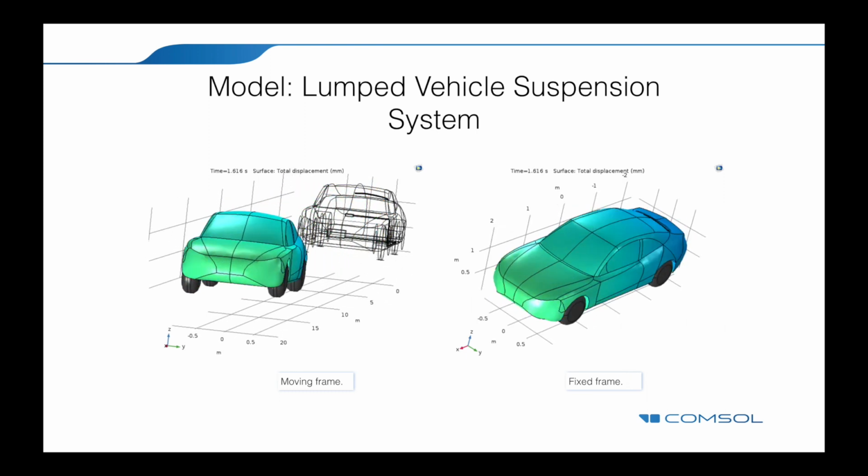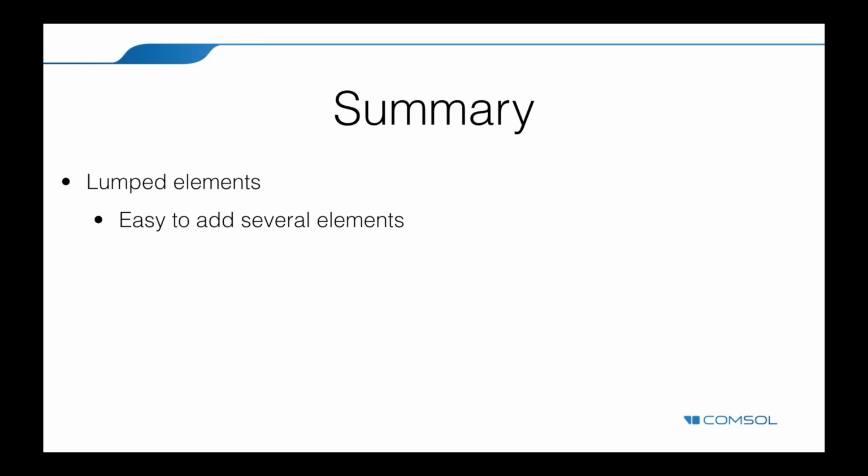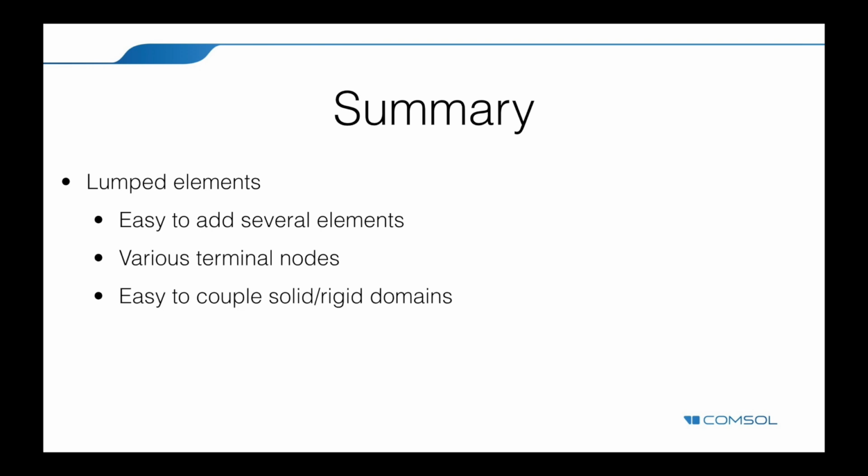So with the lumped elements you can create any modeling environment, you can create any system, whether it's a simple 2 degrees of freedom quarter car model or a more sophisticated one with subsystem elements. You can have various terminal nodes, external nodes, free nodes, displacement nodes, and you can easily couple to solid and or rigid domains with the so-called external terminals, so you can connect the force to a multibody dynamics module interface.